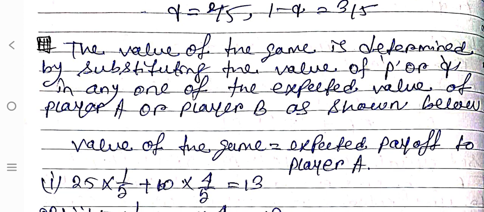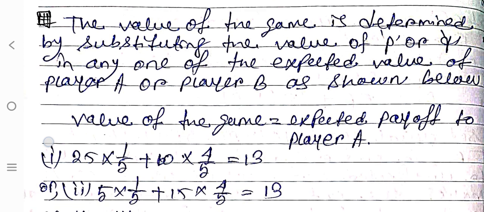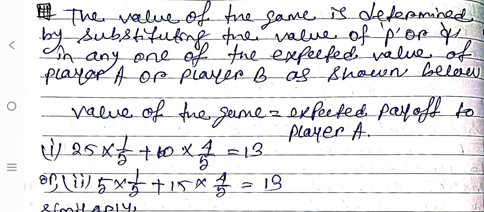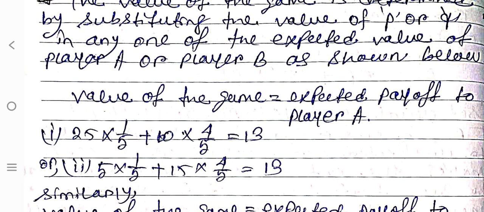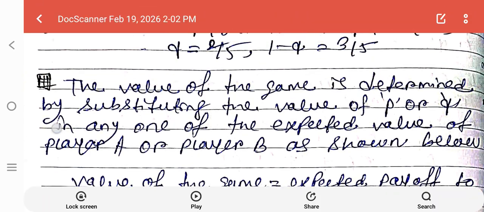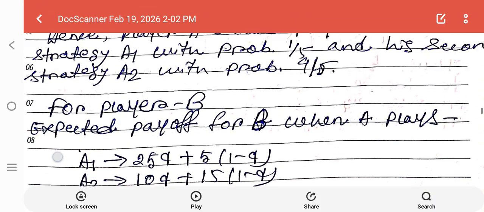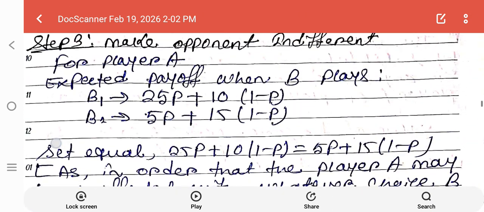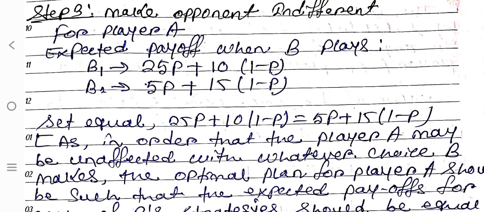Now for finding the value of the game: the value of the game is determined by substituting the value of p for player A or q for player B in any of the expected payoffs of player A or player B. So the value of the game equals the expected payoff to player A. The first expected payoff for player A is 25p plus 10 times 1 minus p, and the second is 5p plus 15 times 1 minus p.